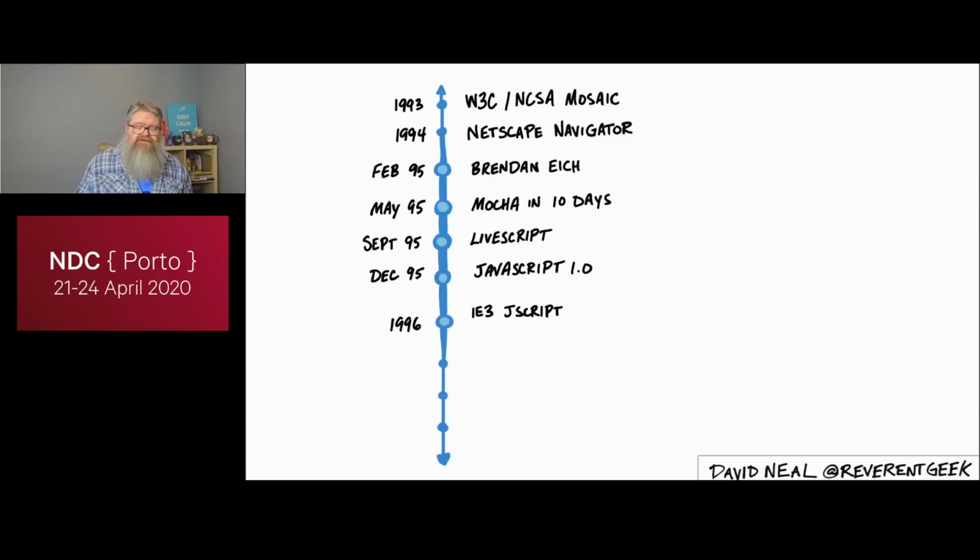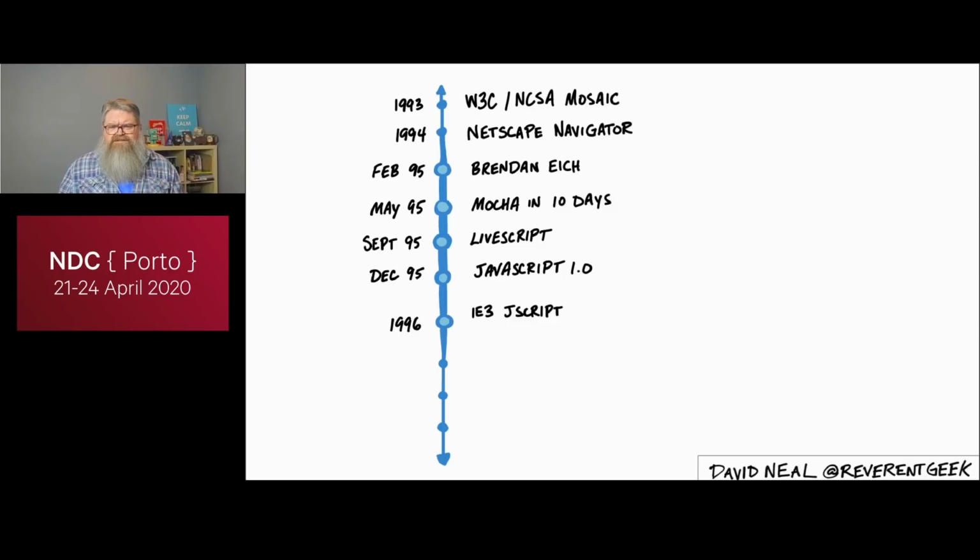Well, Microsoft takes notice and they see this cool new scripting language that's in Netscape, and they decide to reverse engineer what Netscape has done. But if you remember this, if you're around this time, they didn't call it JavaScript. JavaScript is trademarked by Sun, so they called theirs JScript.